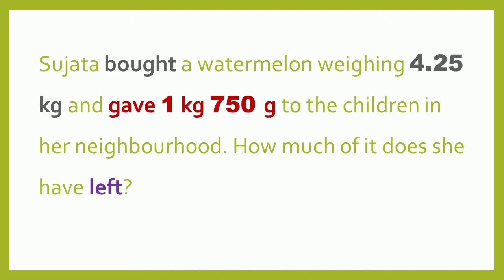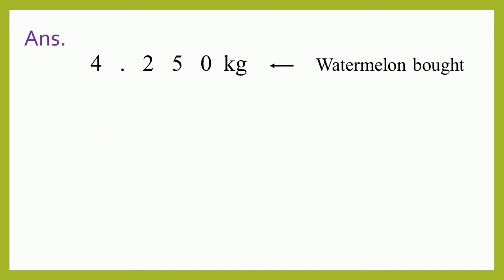That means we have to subtract both the numbers. Now let's try to solve this sum. Sujata bought a watermelon of weight 4.25 kg, but while solving problems of units with kilogram and gram, we use fractions with up to 3 decimal places.